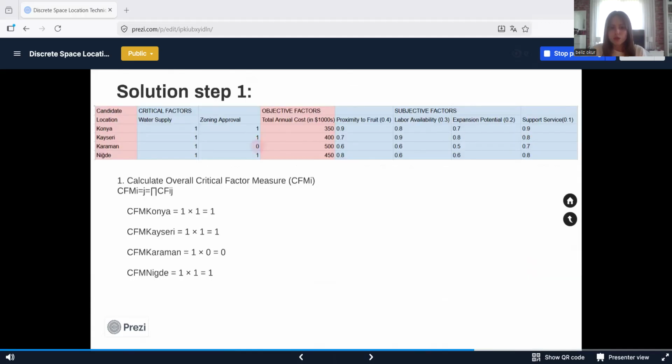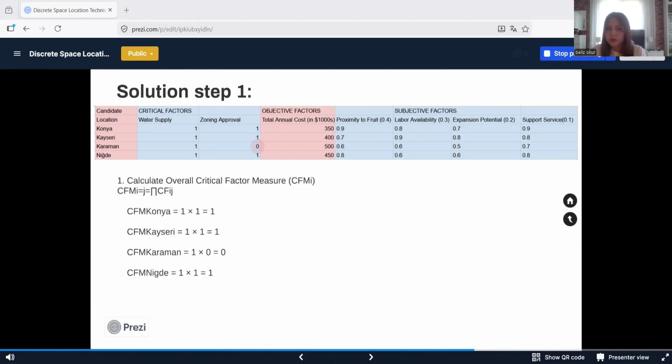Step 1 is the most ruthless, calculating the overall critical factors. Because critical factors are yes or no, we represent them as ones or zeros, and we multiply them together. Look at Karaman. It has adequate water supply, but completely failed to get zoning approval. 1 times 0 is 0.